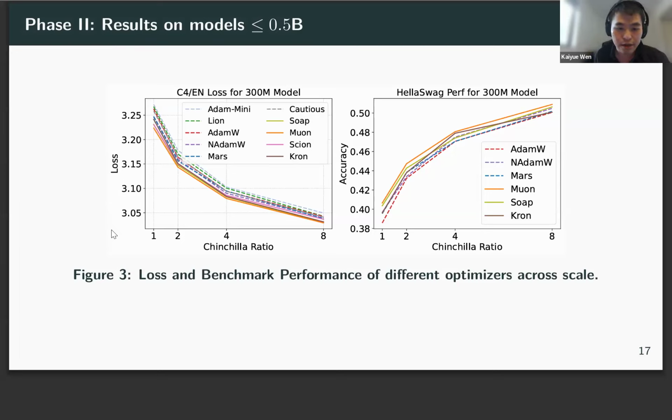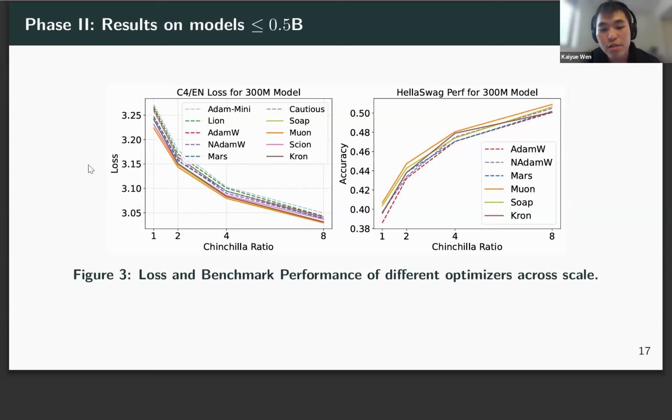All the dashed lines in the left plot are scalar level optimizers, and all the solid lines are matrix level optimizers. So it's very apparent that there is a difference between scalar level optimizers and matrix level optimizers from the loss perspective: the matrix level optimizer is roughly optimal across different data to model ratios compared to the scalar level ones.